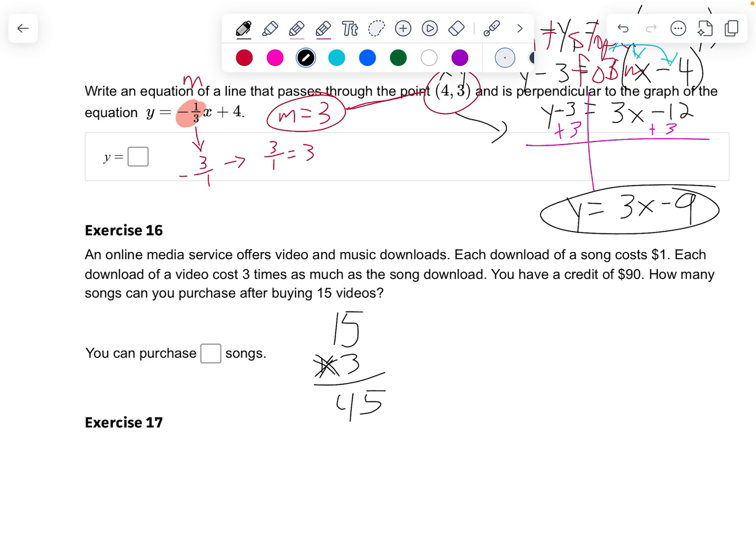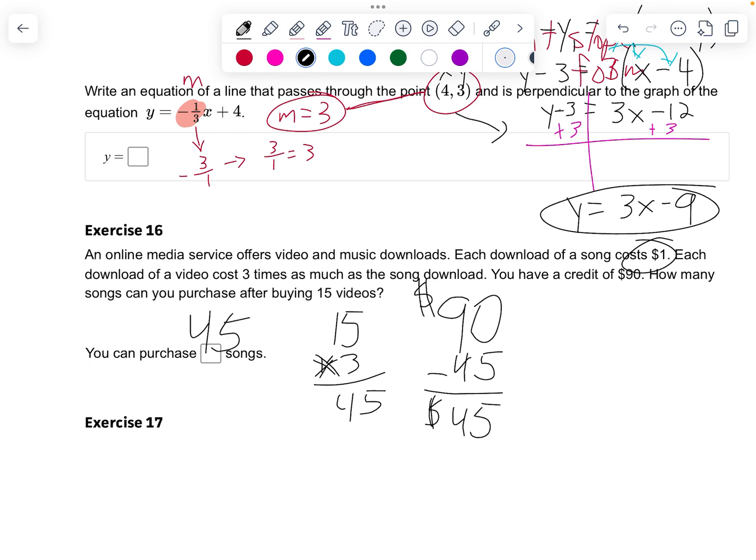So how many songs do you have? Well, you had 90 bucks. You bought 15 videos for $45. So you subtract that, it gives you $45. You have $45 remaining, and at $1 a song, you can buy 45 songs.